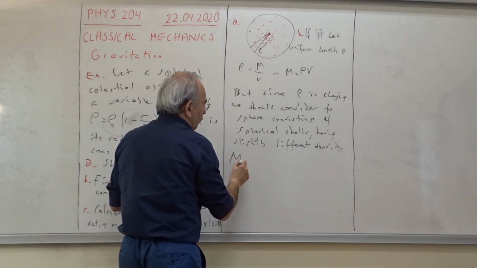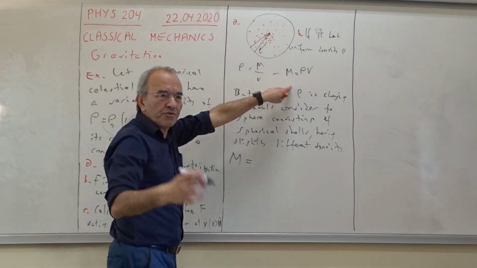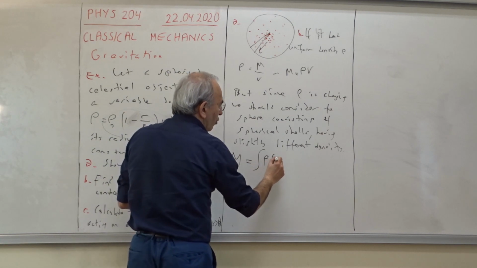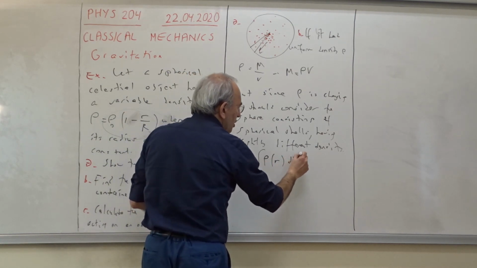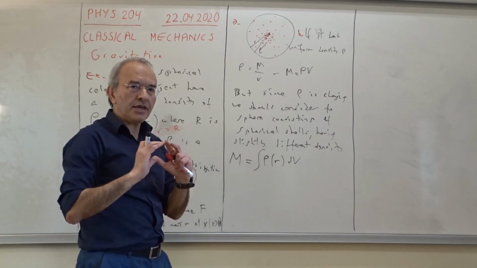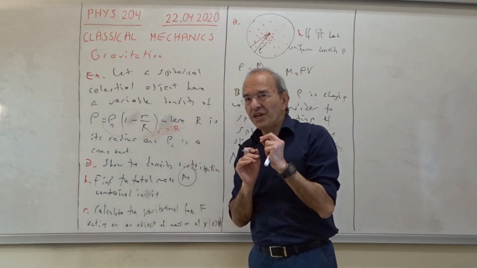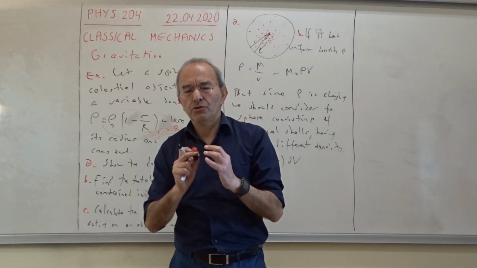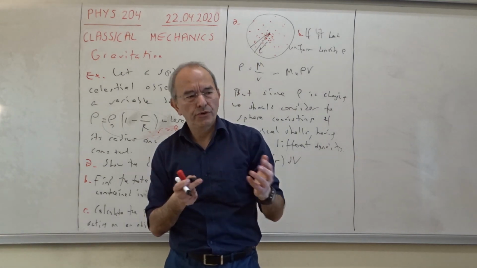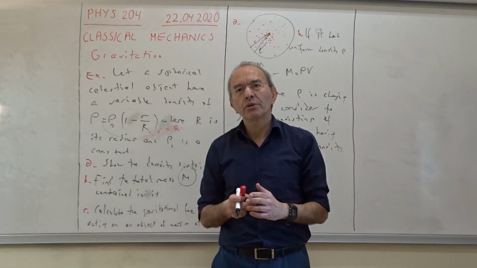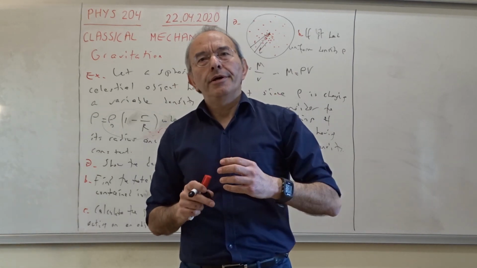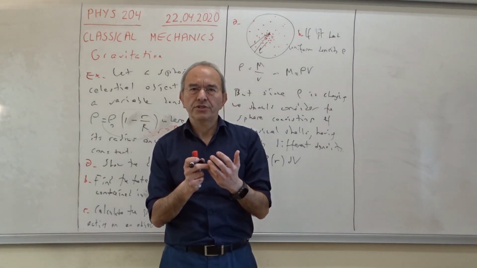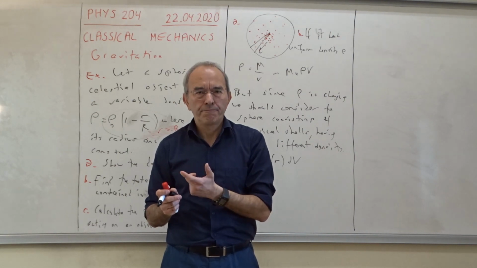So the general idea is the following: M is not equal to simply rho times V, but it is an integral of rho of r multiplied by dV, where dV is the volume of a spherical shell, just like an onion. The onion consists of spherical shells. In simple atomic models, the atoms are also supposed to be composed of spherical shells, or orbitals, just like the onion.